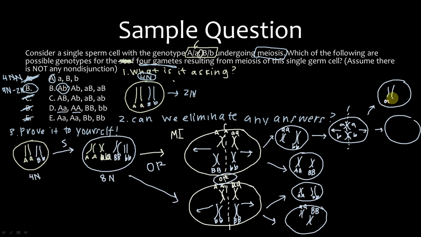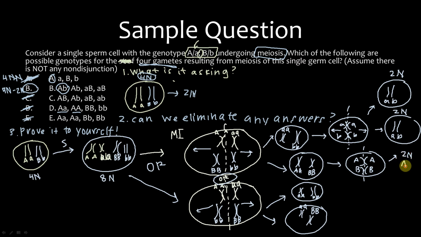It's crazy. Little a, little b, right? And this is 2n, because we started out with 4n, it's meiosis, go into half of that, 2n. This will segregate like this. Big A, big B, little b. Right, and this will result in 2n.